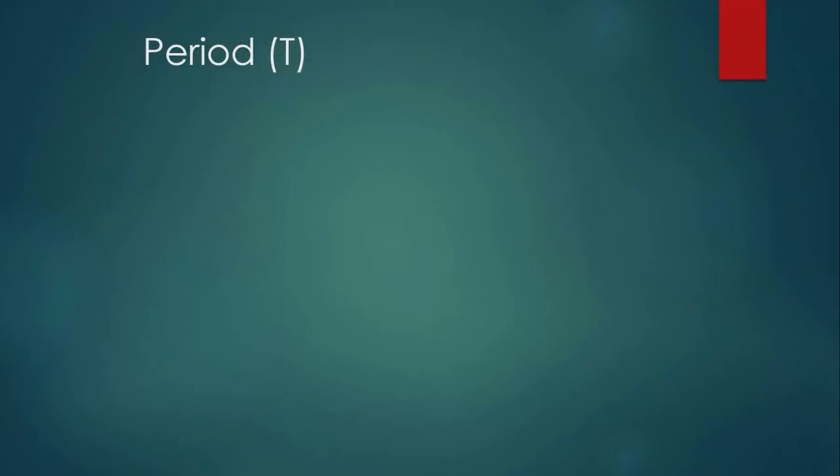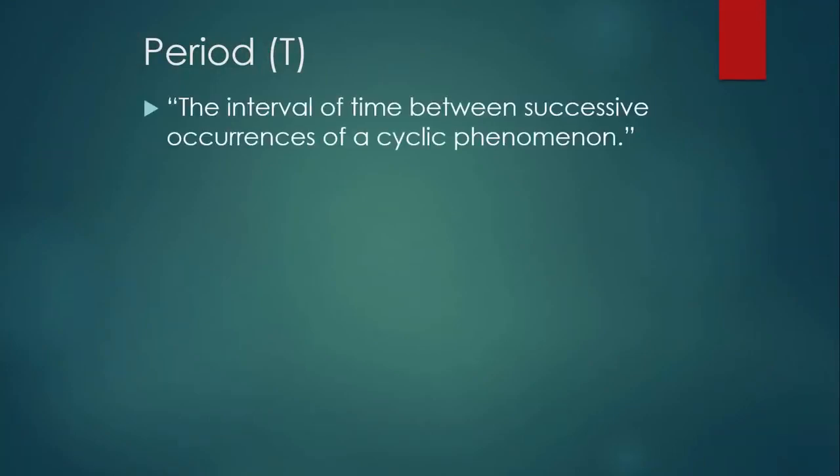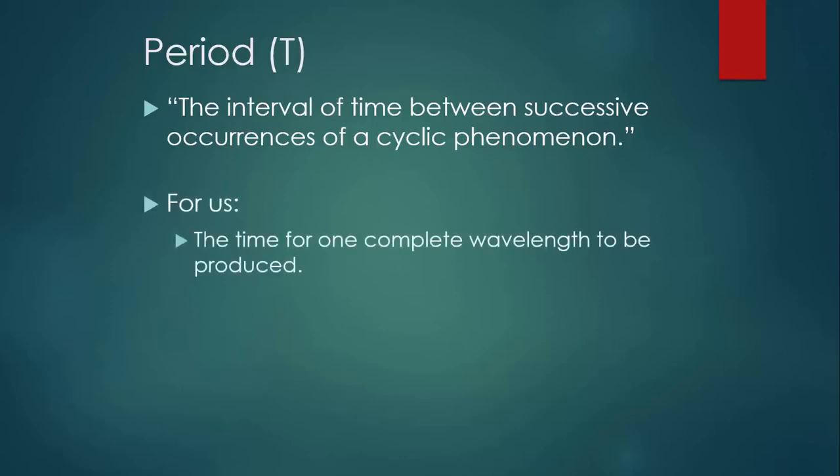Let's take a look at period. Again, the very general definition we can write for period is that it's the interval of time between successive occurrences of a cyclic phenomenon. But again, don't write that. For us, period is the time for one complete wavelength to be produced. In other words, this is the time for one complete oscillation.